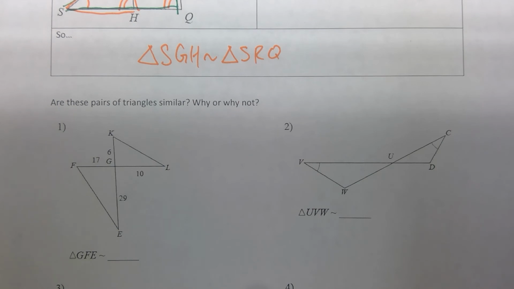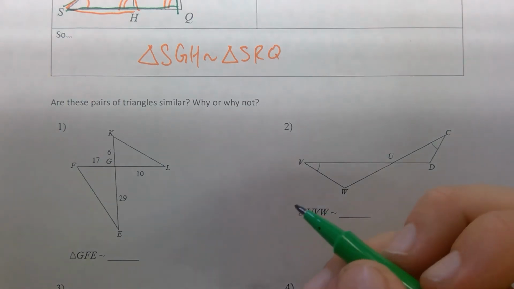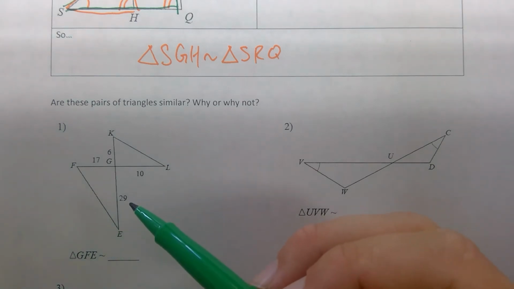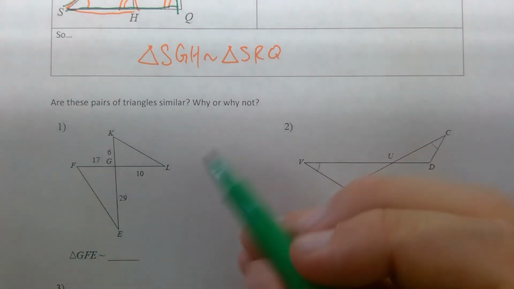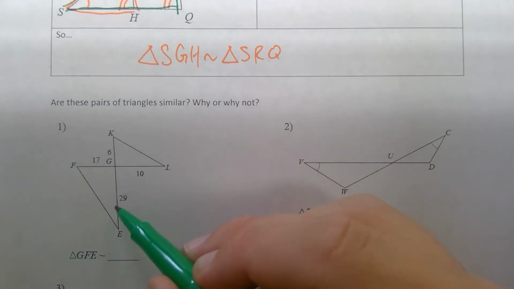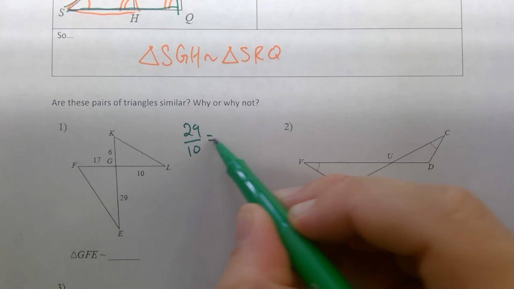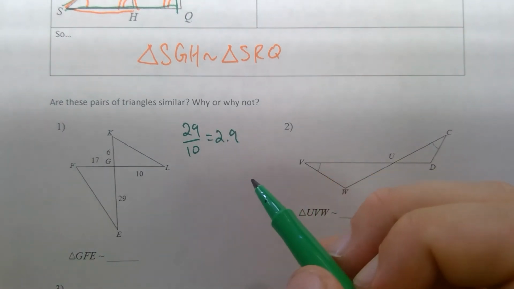So are these pairs of triangles similar? Why or why not? Okay. So I'm going to go ahead and since I've got some numbers here, I'm going to go and check my numbers. Okay. So I've got my long side, so 29 over 10. That's going to be 2.9.